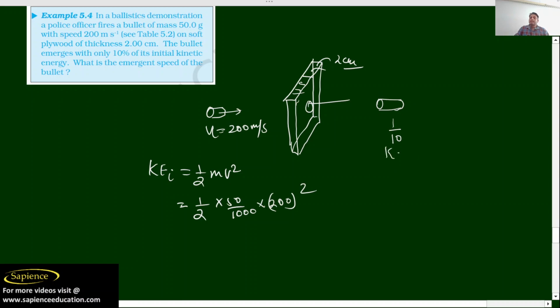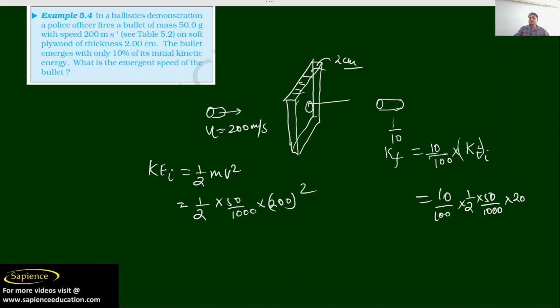Now the final kinetic energy, as per the question, is 10%, which means 10 by 100 of the initial kinetic energy. So I will put the value and we get the final kinetic energy as 10 by 100 into 1 by 2 into 50 by 1000 into 200 into 200.